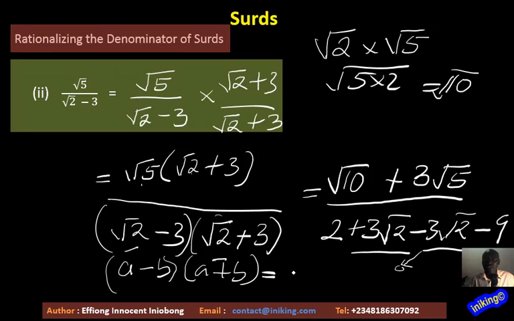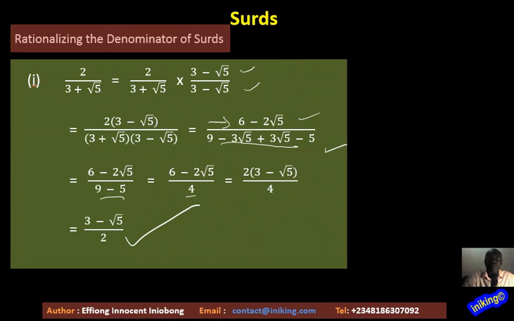Which means it's the same thing as just squaring A and subtracting the square of B. Which means squaring A means squaring root 2, which gives me 2, and squaring 3, which gives me 9. So which means I don't need to bother about this at all. Plus 3 root 2 minus 3 root 2 will give us 0. If we remember earlier, we had the same thing. Let's go back some few slides and see what happened there.